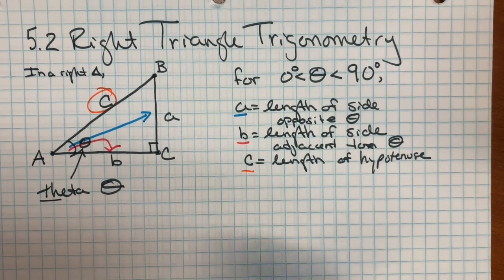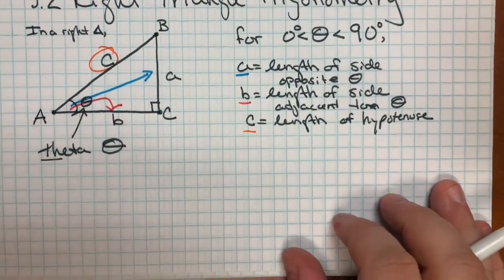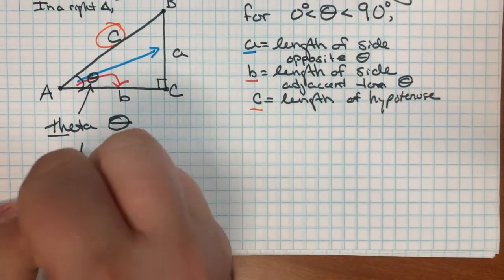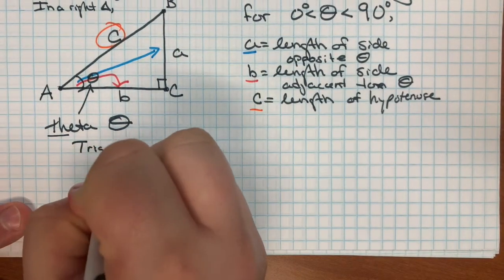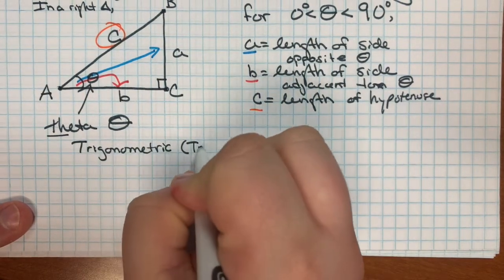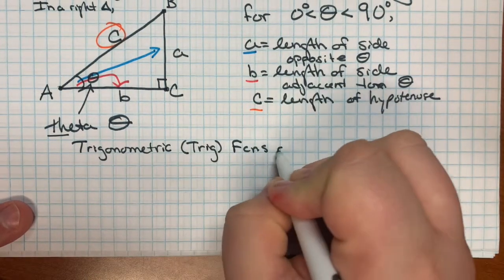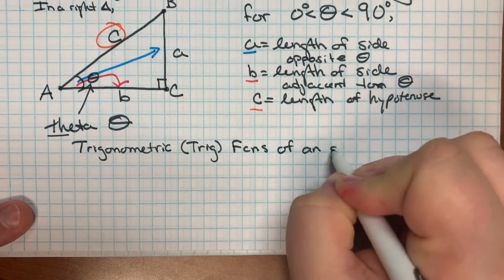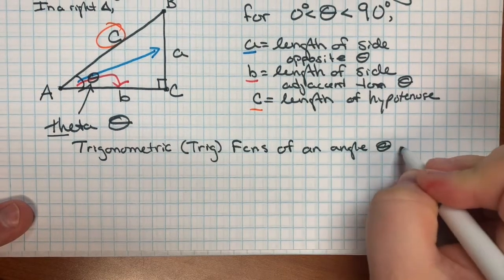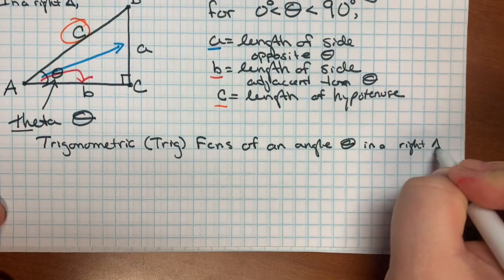So we have a few functions that we can define. For this right triangle, we have what are called the trigonometric, or trig for short, functions of an angle theta in a right triangle.